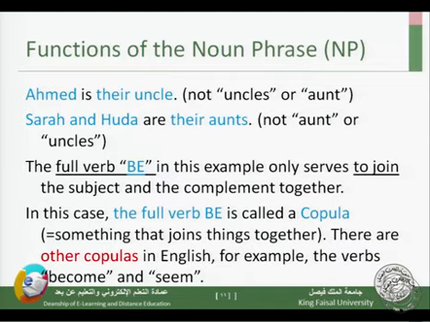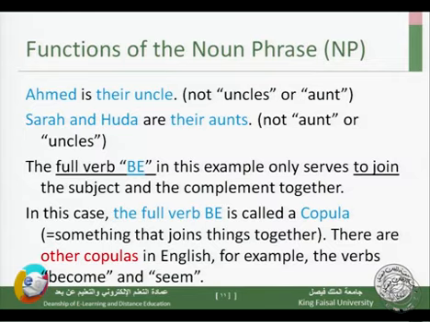Look at the next example. Sarah and Huda are their aunts. Okay, we can't say Sarah and Huda are their aunt, because Sarah and Huda is plural. We have two persons, so we need to use aunts with them. You need to use a plural complement because it is a noun phrase here.